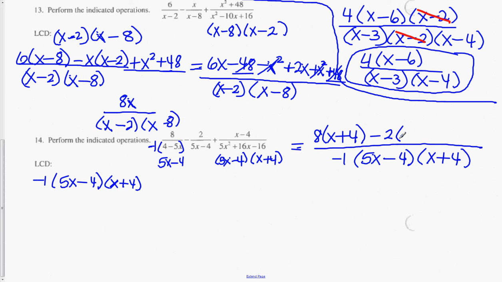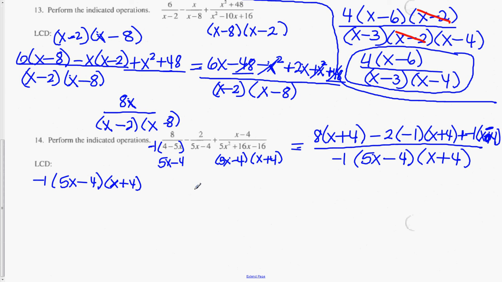So I'm going to take 2 times negative 1 times x plus 4. And under the last fraction, I've got both of the parentheses, but I'm missing the negative 1. So I'm going to take a negative 1 times the x minus 4 that's on top of that last fraction.